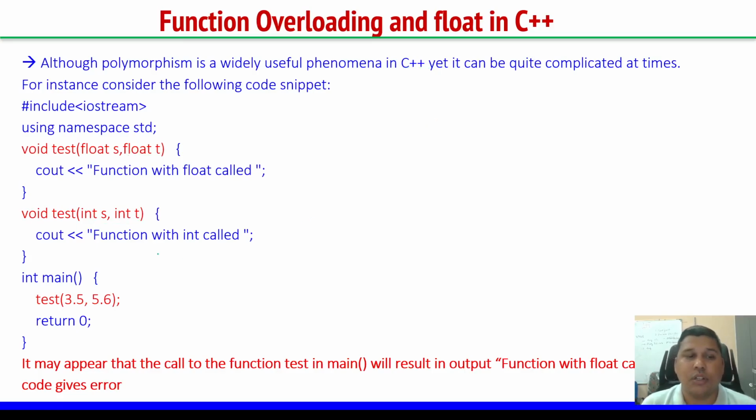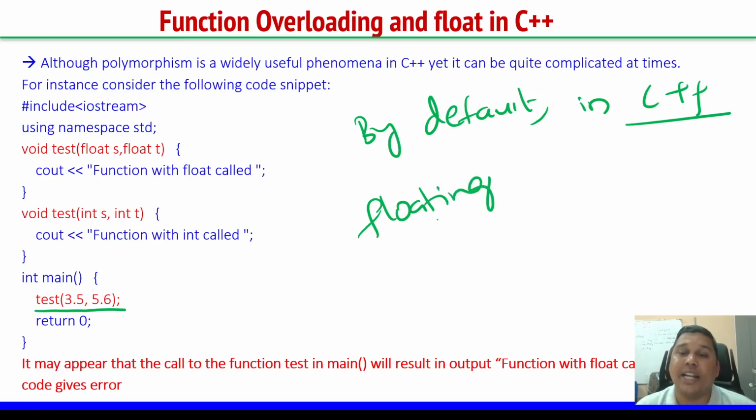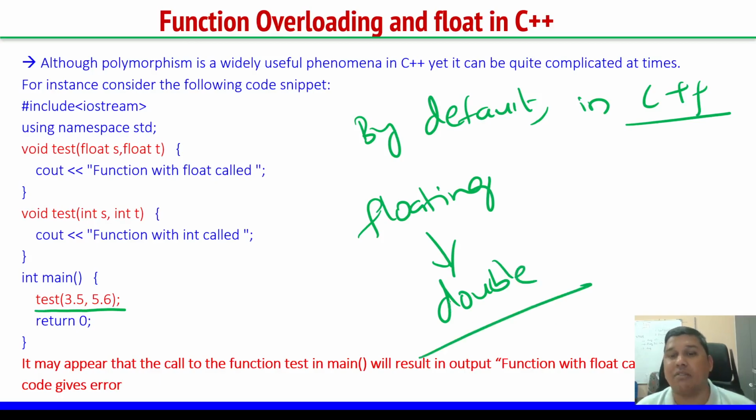But now there is one challenge with this. When I call the function with test 3.5, 3.5, by default in C++, floating numbers are implicitly converted to double format and the operation is performed.